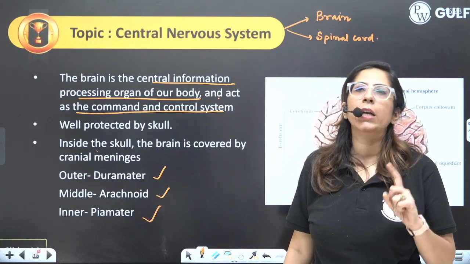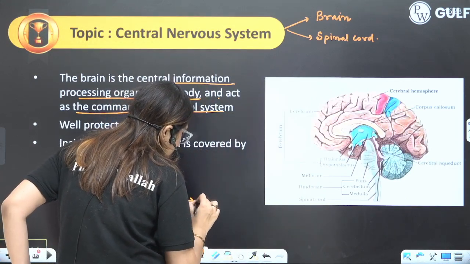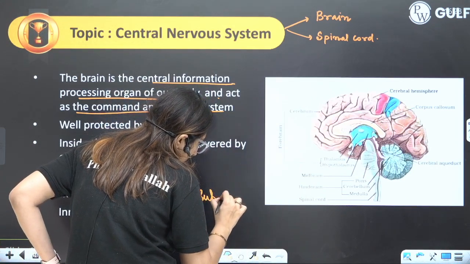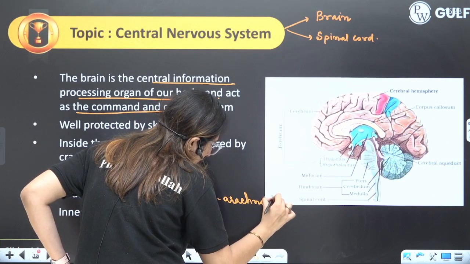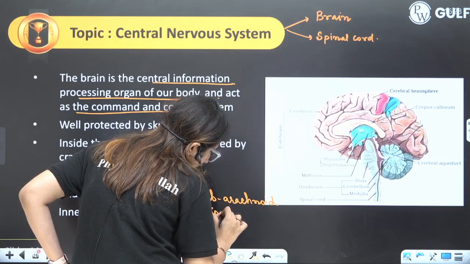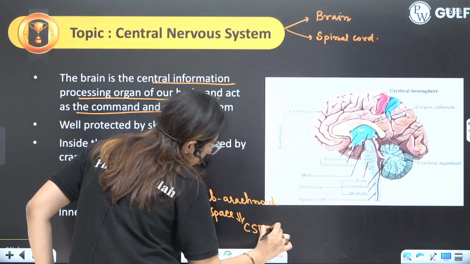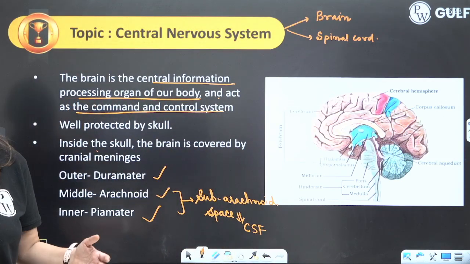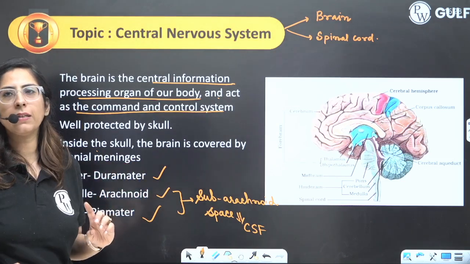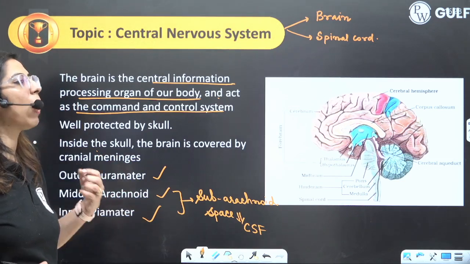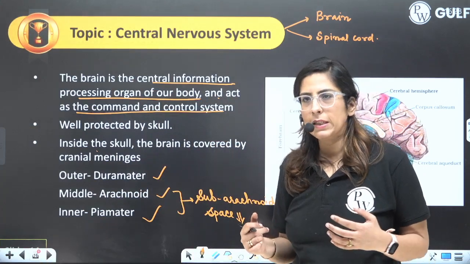Between the arachnoid and the pia mater, there is the subarachnoid space, and in the subarachnoid space, CSF is present. What is CSF? Cerebrospinal fluid is present. Outer is the dura mater, arachnoid, and the pia mater. These are the three layers which are present. You have to know which one is vascularized, which one is not. So this we will be discussing in the detailed session.